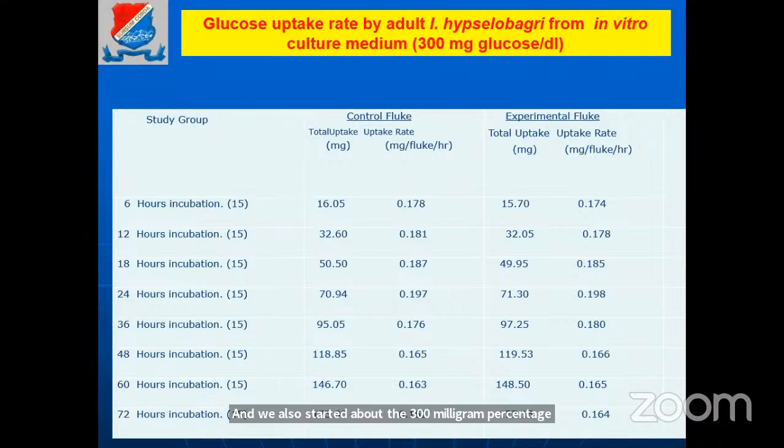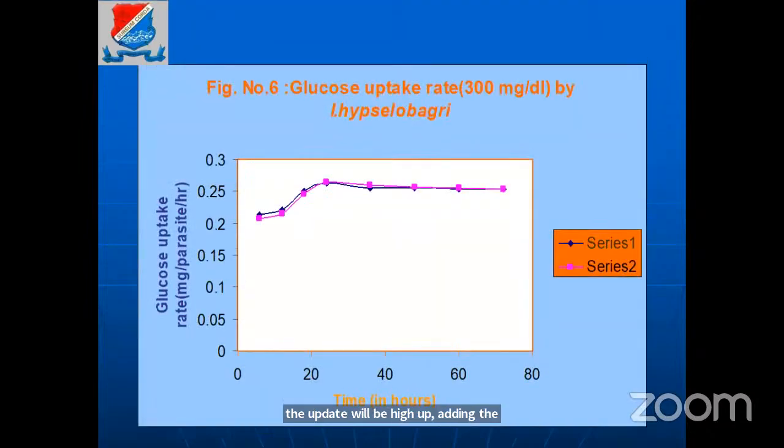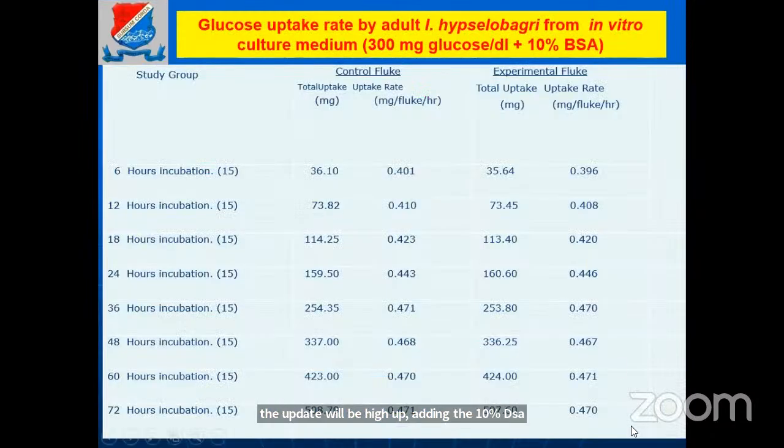We also find that the saturation level is the same as for the 100 milligram percent glucose, and the uptake rate is high after adding 10% BSA. So protein acts as a growth factor or uptake enhancer for the uptake of glucose, which is stored as glycogen for their future purposes.